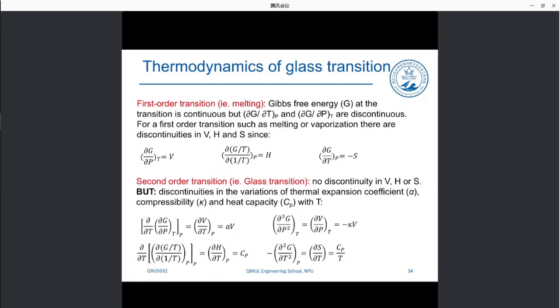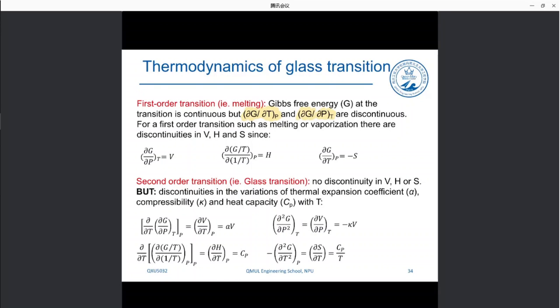Let's start with the simplest case where we have a first order transition, where the Gibbs free energy at transition is continuous, but the derivative of the Gibbs free energy as a function of temperature at constant pressure, this derivative here and this derivative here, are discontinuous. Don't worry about these graphs. I won't be asking you to remember any of these formulas.